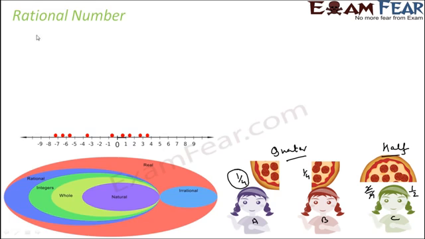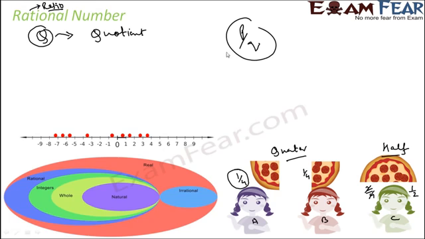These numbers are called rational numbers and denoted by Q. First, tell me why it is denoted by Q. Why not rational number by R? Because Q stands for quotient. And this word rational actually came from ratio. Please know, the word rational came from ratio. Ratio means something which you can write in the form of P by Q, where P and Q are integers and Q obviously should not be equal to 0.